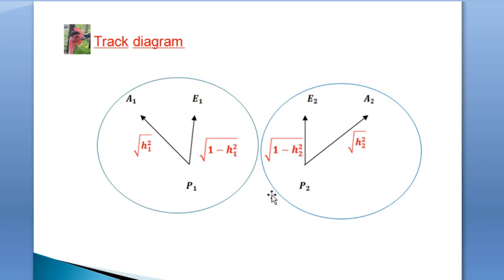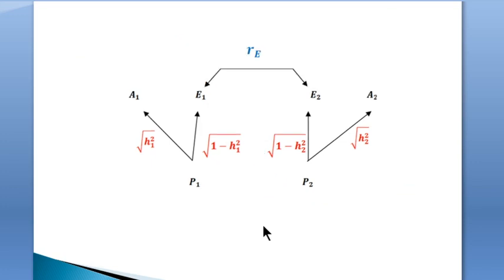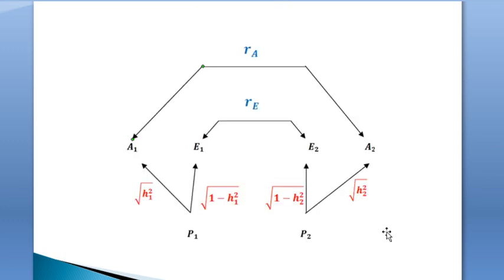So the next element of our track is going to be the environmental correlation between the two environments. Secondly, what is the dependence or interrelation between genetic effect of phenotype 1 and genetic effect of phenotype 2? This is the genetic correlation, or RA. Now we establish it between the two genetic effects, and it gives us this.